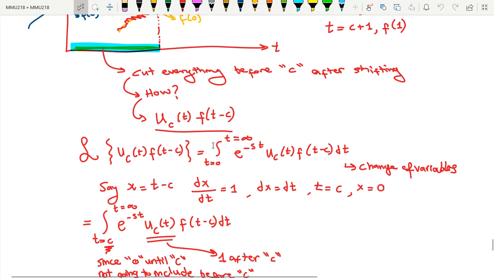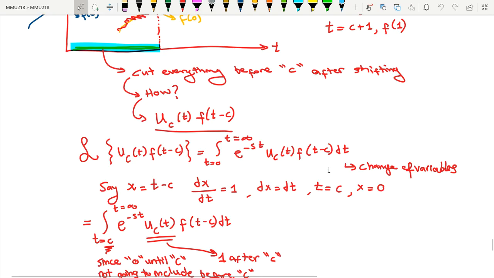It is going to enter my kernel e to the minus st times the unit function times f of t minus c. I'm going to need a change of variables here. I'm going to change the variable t to some variable x, which I'm going to call t minus c. x is t minus c, so dx by dt is going to be 1.